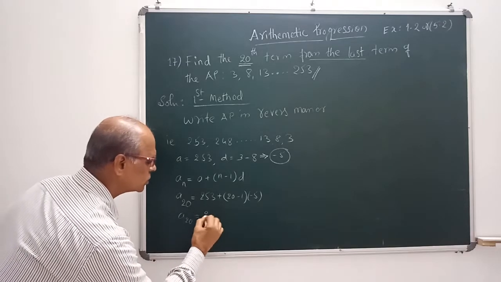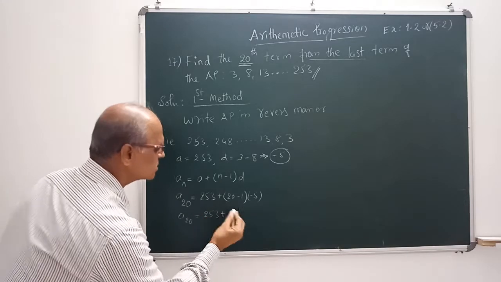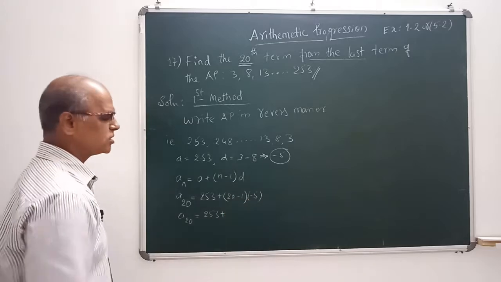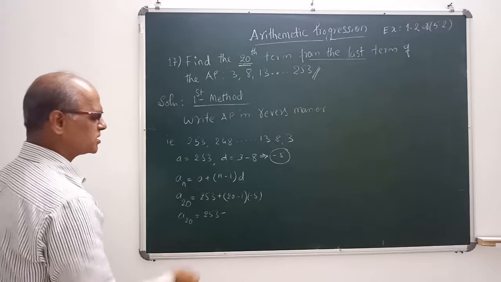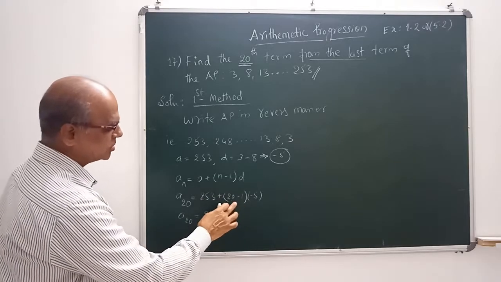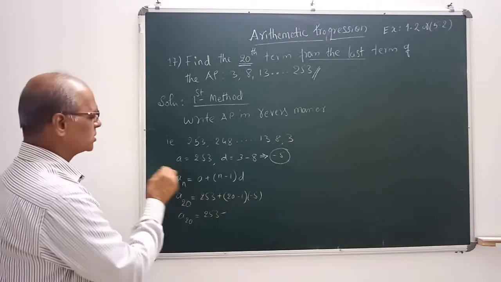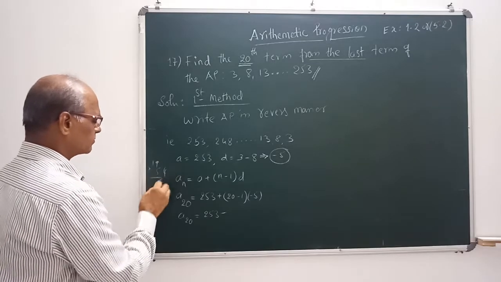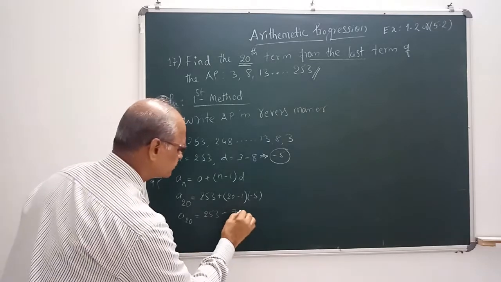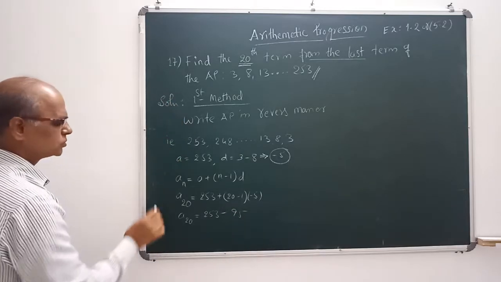A20 is equal to 253 plus 20 minus 1 is 19. Plus into minus is minus. So 19 into 5 is 95.